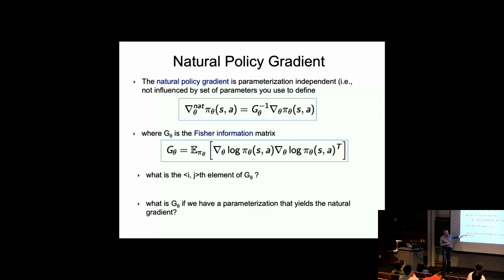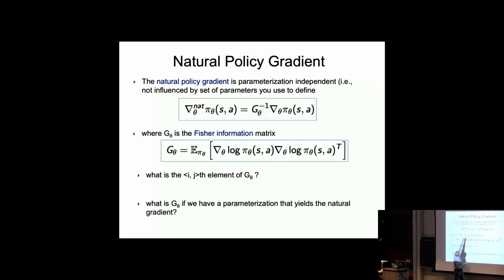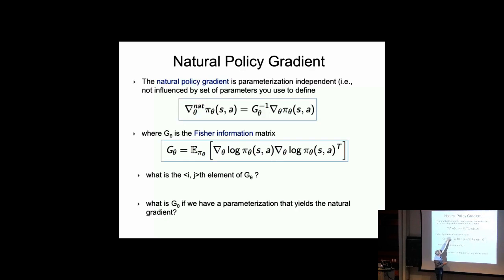If we have a parameterization that gives us the natural gradient by default because G is identity, then G is a diagonal matrix and all of the off-diagonal elements are 0.